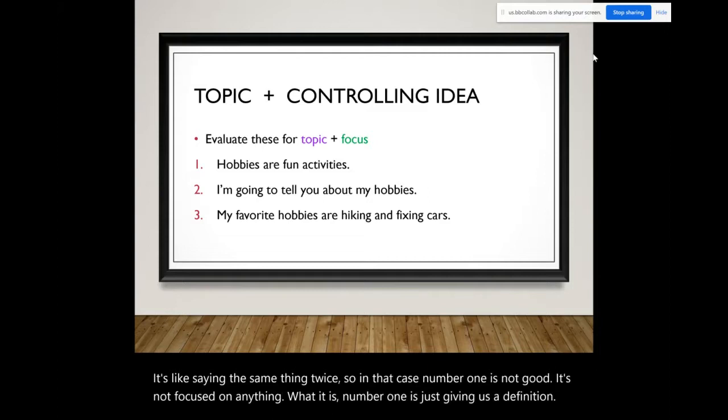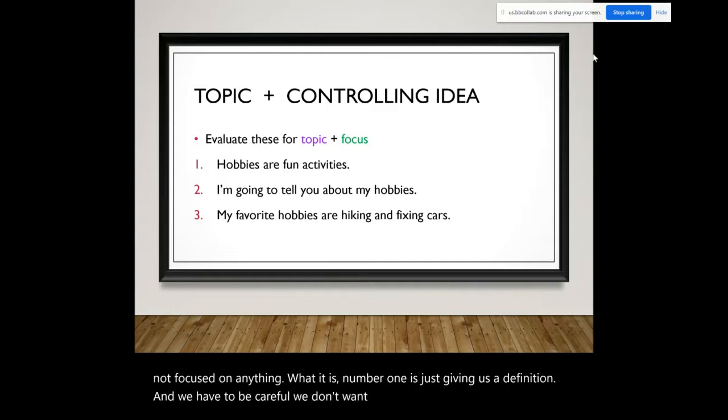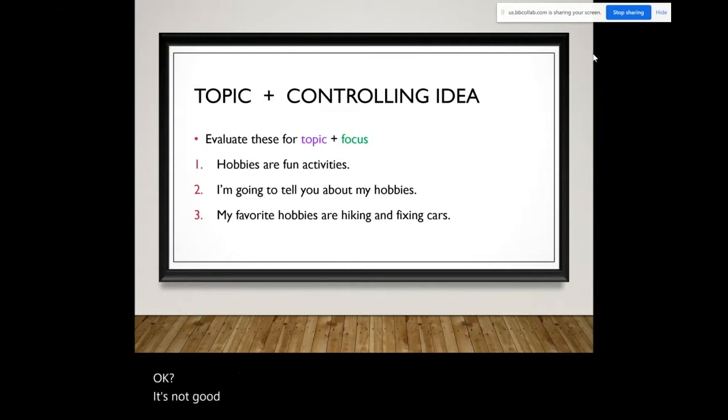And we have to be careful. We don't want to use a definition as a topic sentence. It's not good enough. All right. Okay, but good try. I put these here because they are kind of tricky. All of them kind of look good, but there's one that's better.